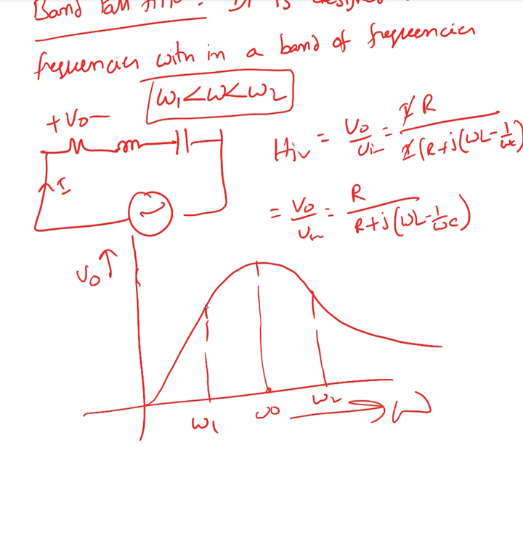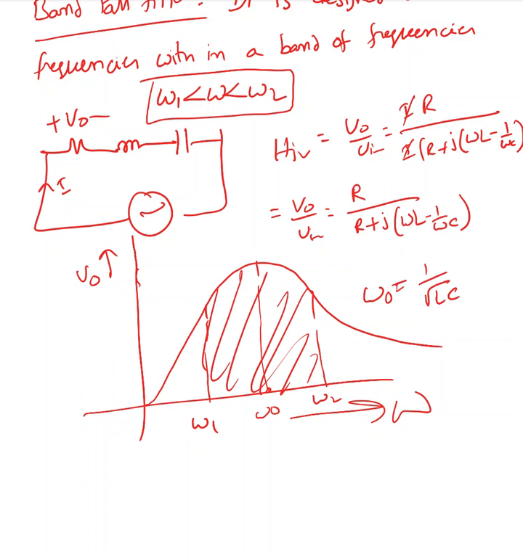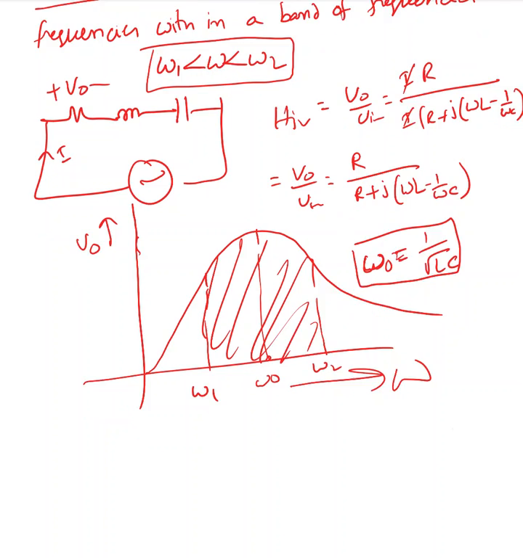So it is going to allow signal between omega 1 and omega 2. This omega 0 in this case is 1 over square root LC. If you remember, that's the resonant frequency in the RLC series circuit. It's the same thing for the RLC parallel circuit also. So the band pass filter allows signal between two frequencies.